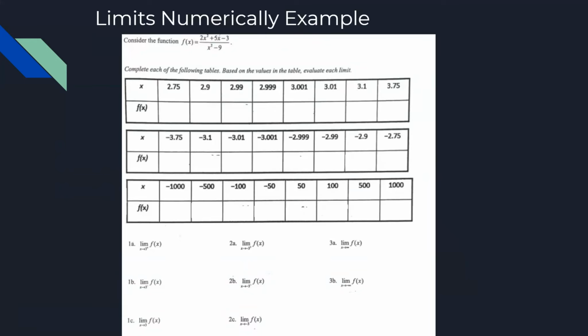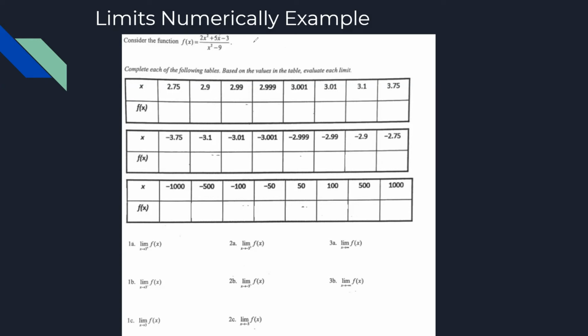So we're going to start off with our limits numerically example. First off, I'm going to be drawing on this and going along with you guys. We only have one example, but it's a longer example, so that's why we only have one. First off, we want to simplify the function that we're given.